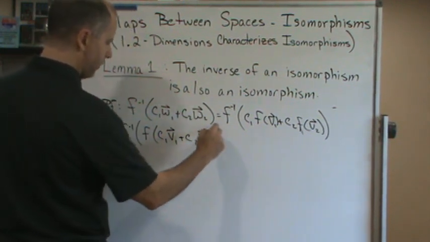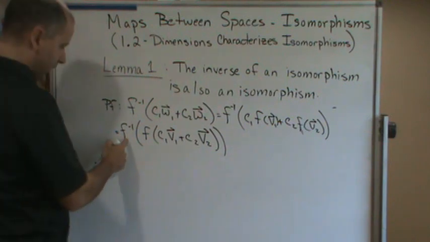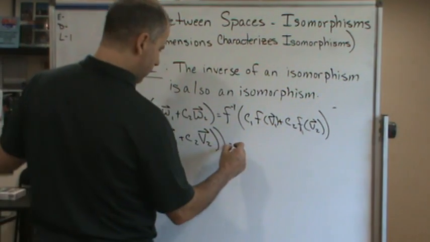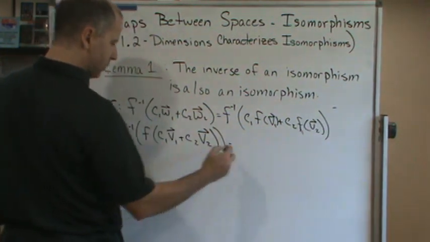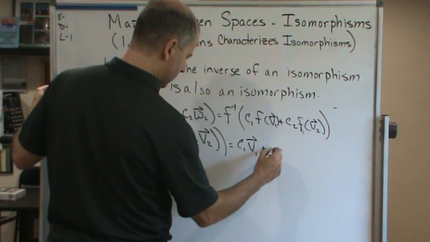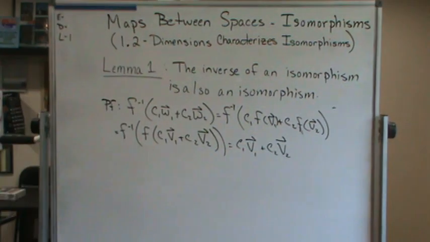That's just from the fact that it preserves linear combinations, which is given to us. And now notice that an inverse of a function and the function cancel each other, so we just get the argument out. So it's just C1 V1 plus C2 V2.